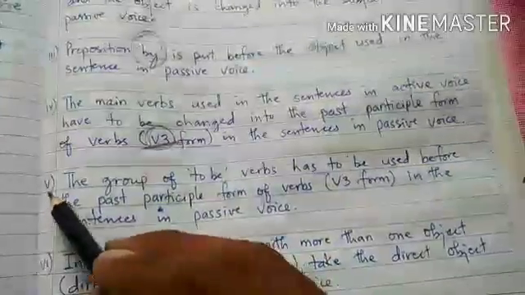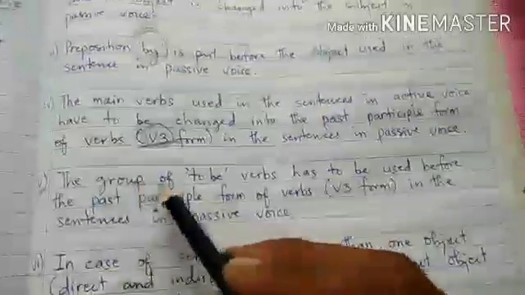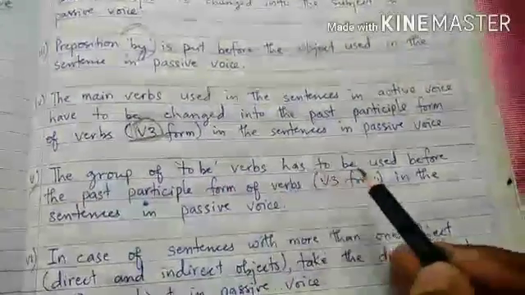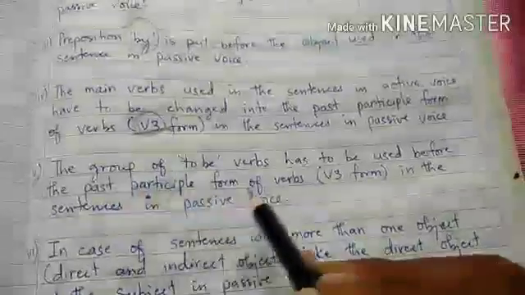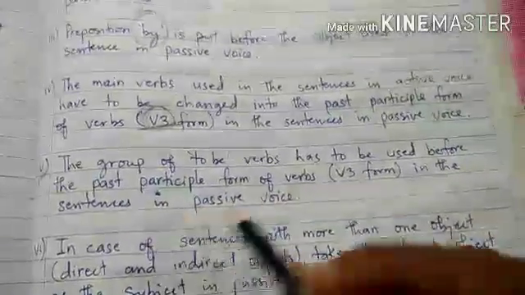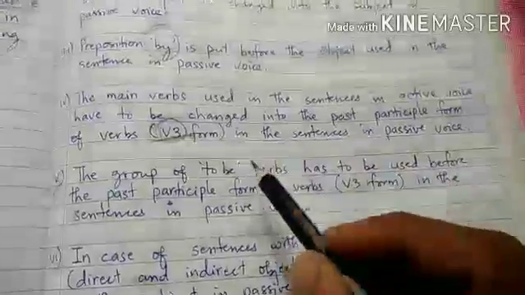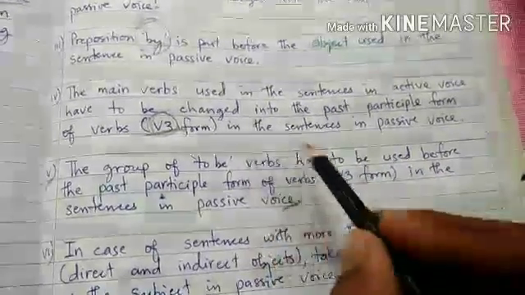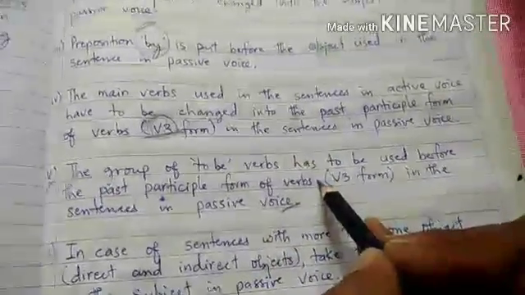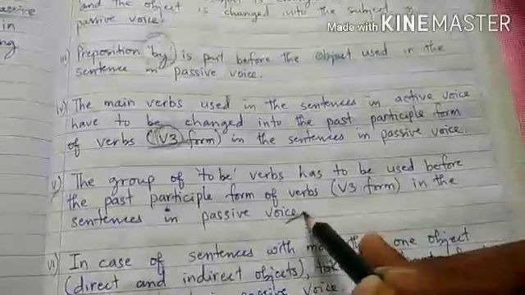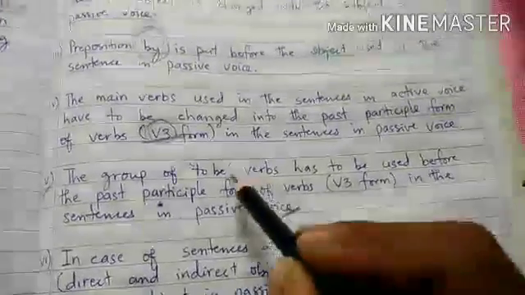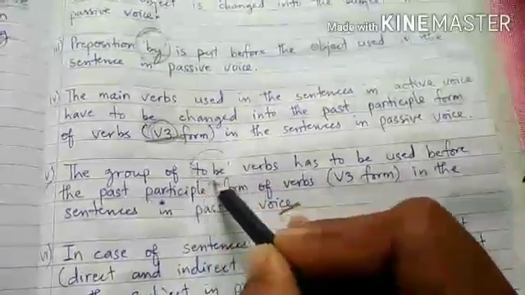After that, another point is that the group of to be verbs has to be used before the past participle form of verbs in the sentences in passive voice. So after changing the main verbs in active voice into V3 form in passive voice, before those V3 forms, we have to make use of to be verbs.